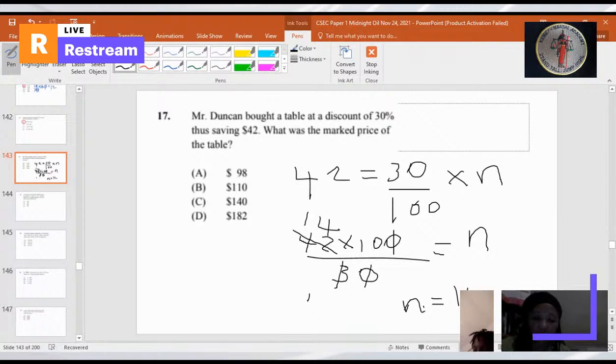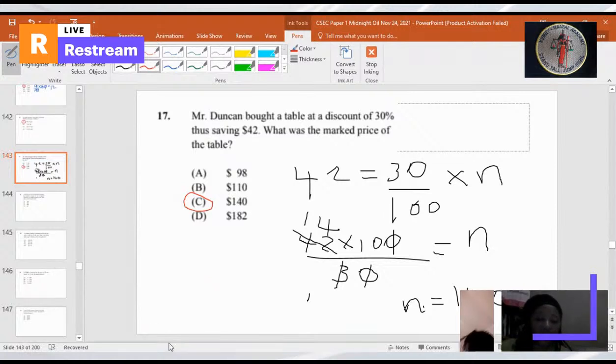So the original money was $140, and he found 30% of it, which is $42. That's how much he saved. That's how much was subtracted from it.